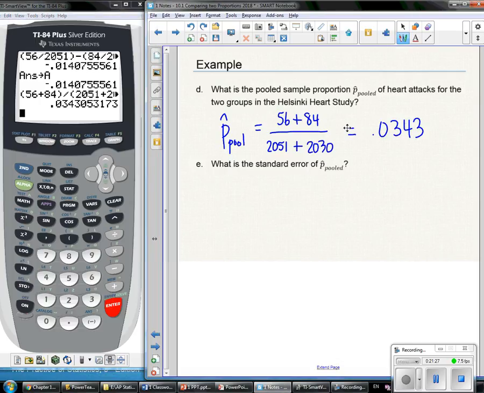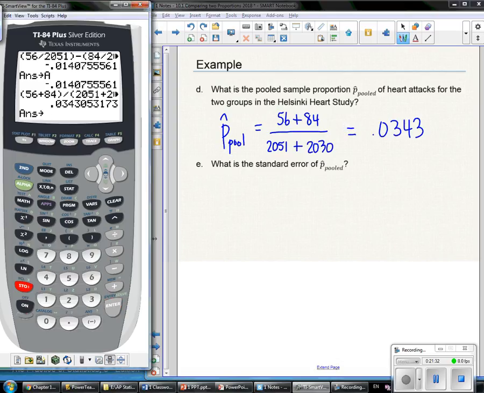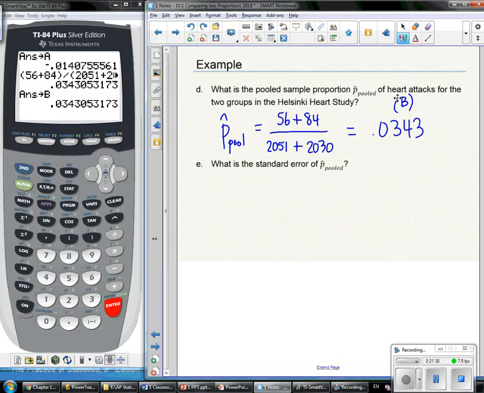And again, because I'm going to be using this number again and again, I'm going to go ahead and store this into variable B. That way I don't have to keep typing it in, and this will help me avoid rounding errors. Okay, the next thing it asked me to do is to compute the standard error. And again, the standard error of p-hat, if it's pooled, is simply going to be, and think about it, p times 1 minus p divided by n.